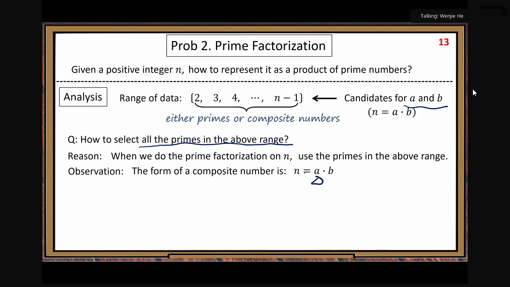But when you try to find a prime number, you need to check all the possibilities, right? Remember in our formula on the previous slide, you need to check all the possibilities. When all the possibilities fail, then you can say it's a prime.